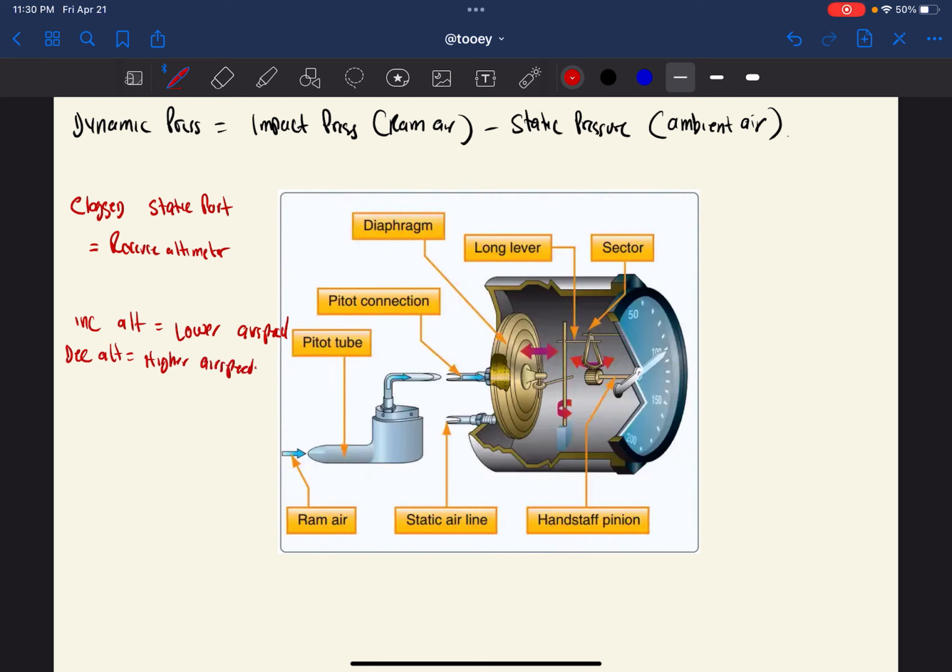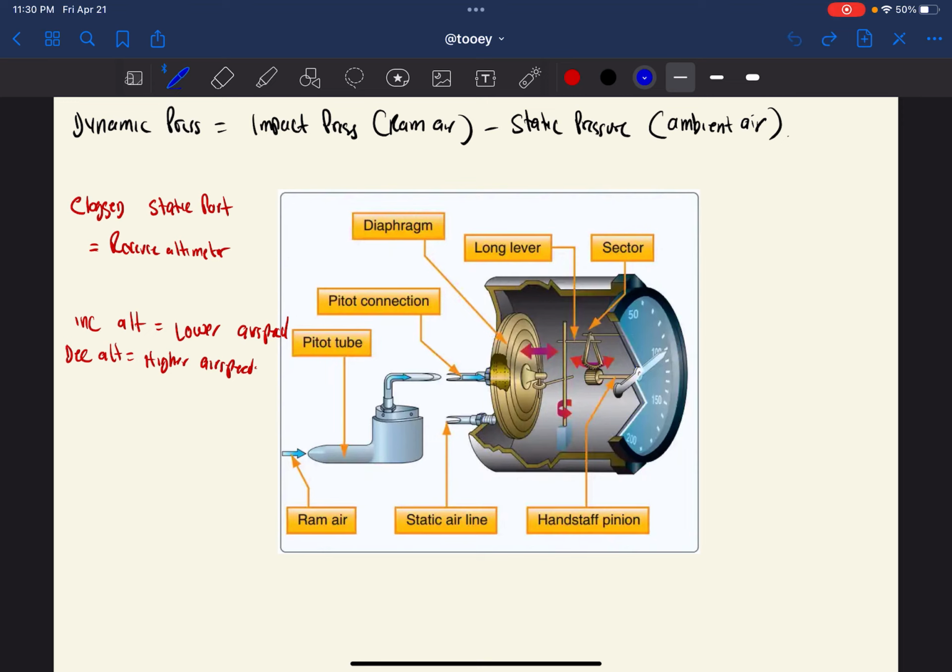So again, if the static port is clogged for whatever reason, then your airspeed indicator becomes like a reverse altimeter. You increase altitude, you get a lower airspeed. As you decrease altitude, you get a higher airspeed. The reason is that you have trapped static pressure in the casing that's constantly comparing with the ram air.